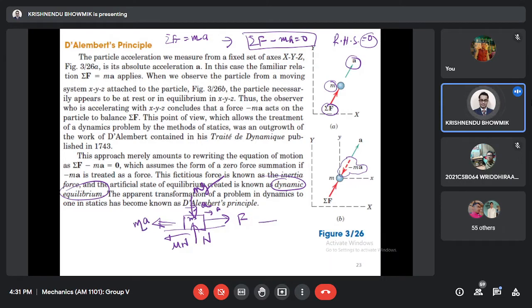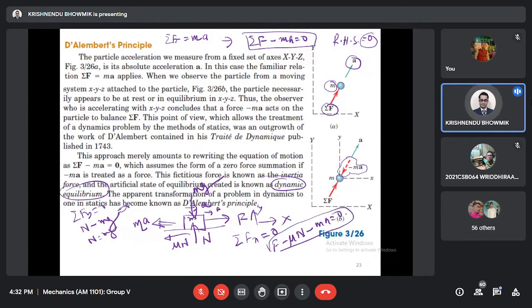If this is x and this is y, we know that summation Fy will be N minus mg equal to 0, so N equal to mg, and summation Fx equal to 0 will be F minus mu N minus ma equal to 0. So that idea is given, the right side we can write as 0, and this is called dynamic equilibrium.